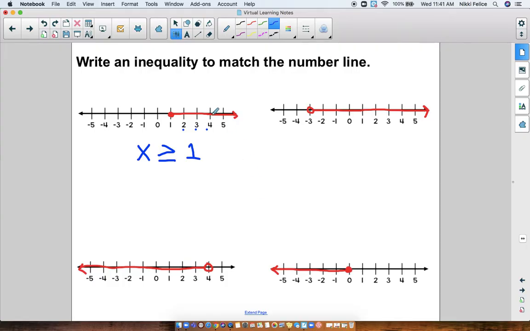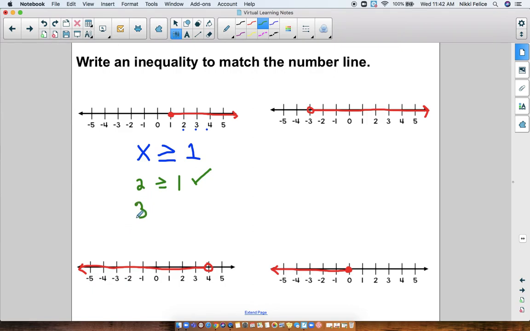Okay? So then I can check my answer by plugging in the numbers that are colored in with the arrow. Like 2. Is 2 greater than or equal to 1? Does this sentence make sense? Yes, it does. So I can put a little check.